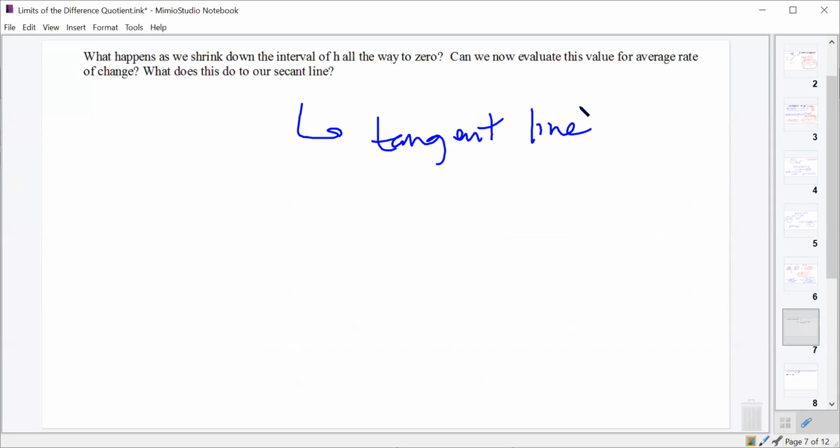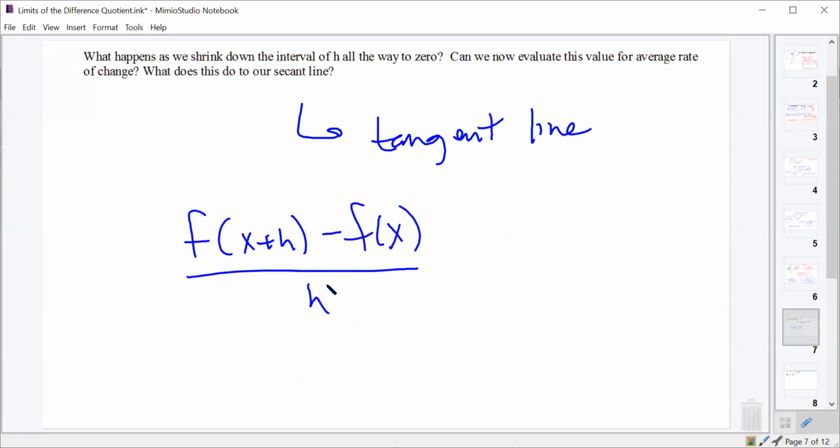But we have a problem with this: if h is 0 and we're looking at f of x plus h minus f of x over h, what's the problem we have if h is 0? It's indeterminate. Right, this is 0 in the numerator, f of x minus f of x, over 0 in the denominator, just an h. So how can we deal with something that is 0 over 0?